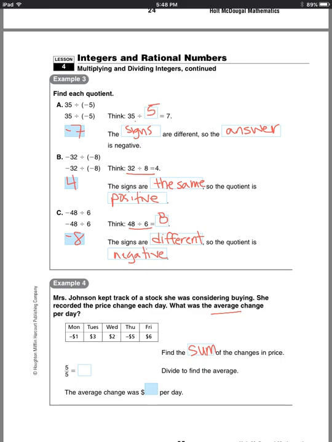So -1 plus 3 plus 2 minus 5 plus 6. You can set up a number line here. I'm going to use some different colors because I keep having to redo this because I can't see what I'm doing.